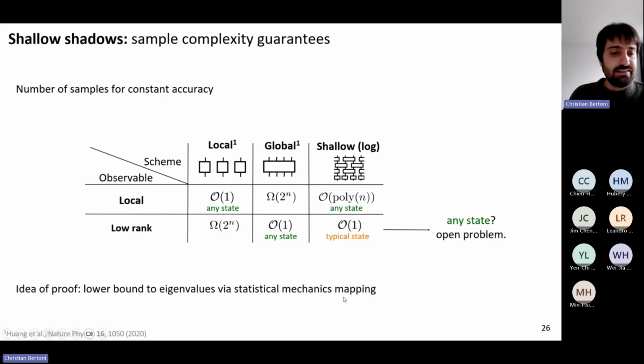And the idea of the proof, very, very quickly, is to give a lower bound on these eigenvalues at log depth. And we use these techniques where one can map averages of quantum circuits to statistical mechanics models, if anybody is familiar with these techniques.